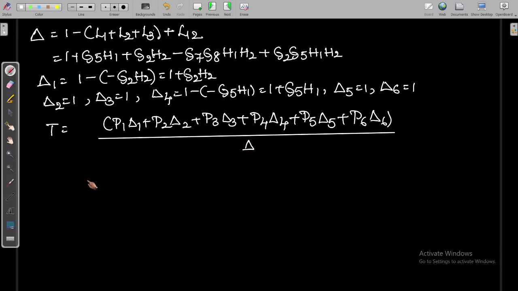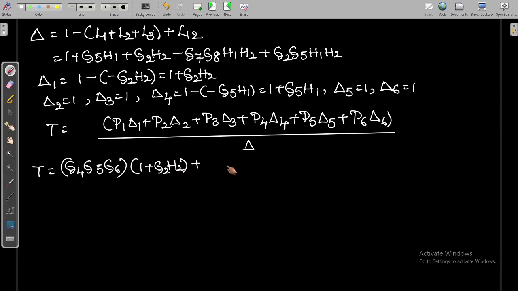So let us write that answer, that will be the total transfer function. P1 will be G1, G4, G5 into G6, this is the P1, and delta 1 will be 1 plus G2 into H2.